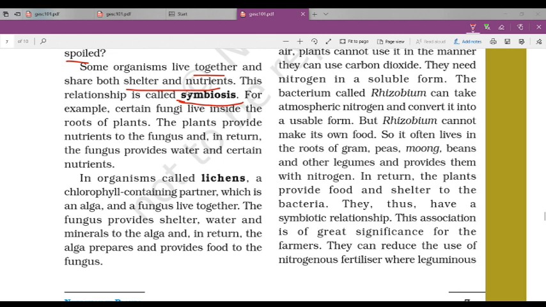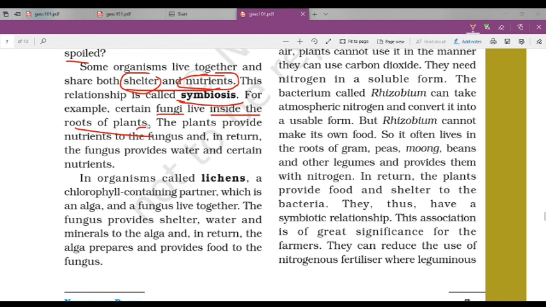In symbiosis, what happens? One of the two members provides shelter and the other member provides nutrition. For example, certain fungi live inside the roots of plants.